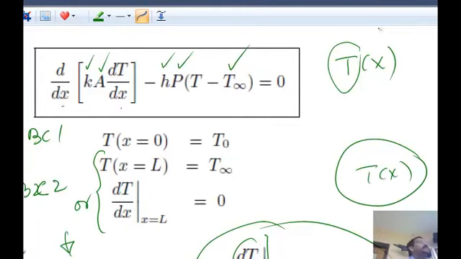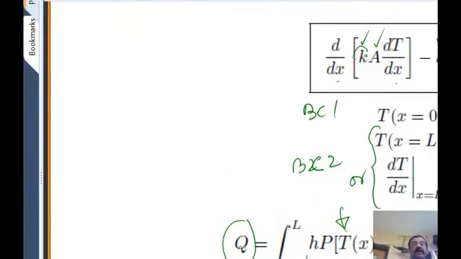Sometimes what happens is the thermal conductivity changes with temperature. That again has to come from experimental measurements. If that is given, then you will insert here k as a function of temperature. Then you will have temperature and the product of gradient of temperature. That will make it nonlinear. The same problem will become nonlinear if k is a function of temperature. But if k is a constant, it's a linear problem. If k is constant, then problem is linear.